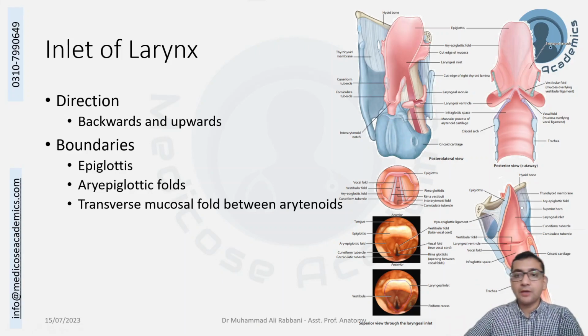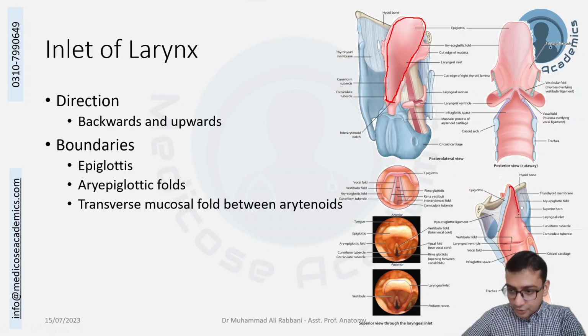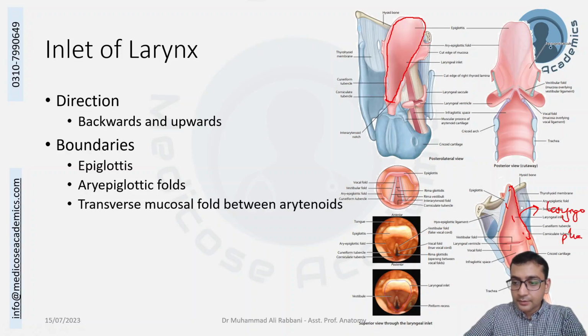The line where the actual cavity of the larynx starts is known as the inlet of the larynx, the laryngeal inlet. It is more in a vertical position than in a horizontal position. It communicates backwards with the laryngopharynx, and it continues backwards and upwards.